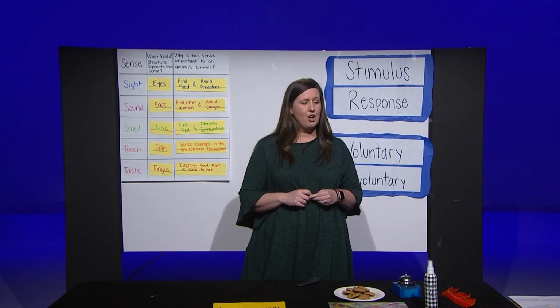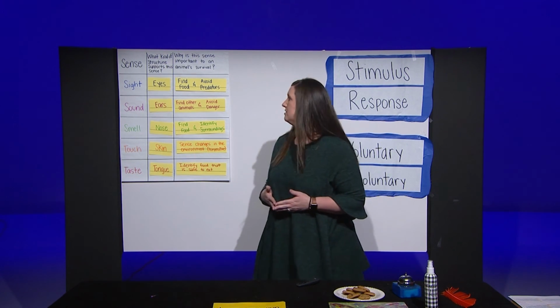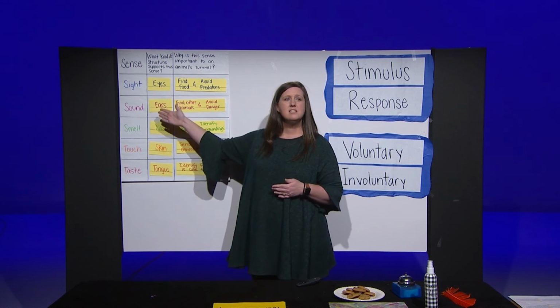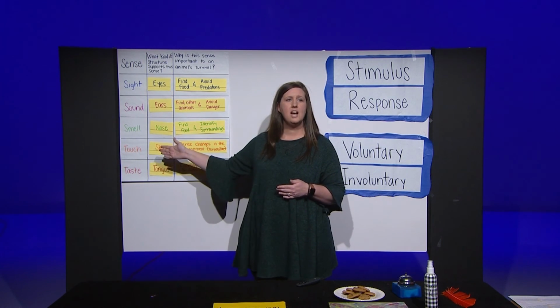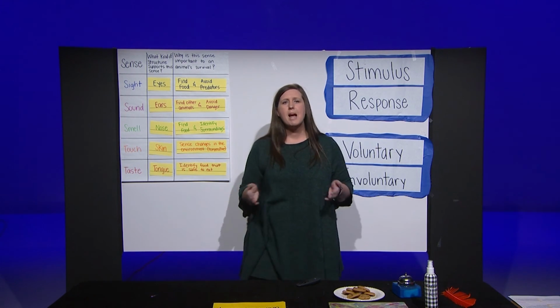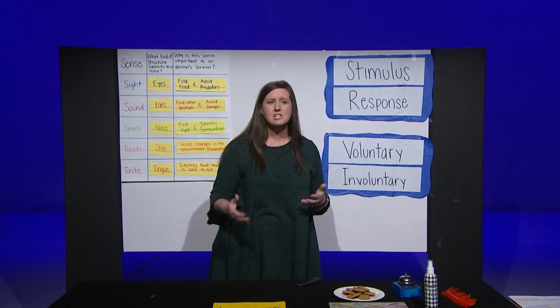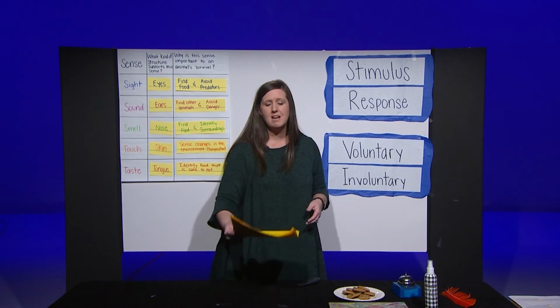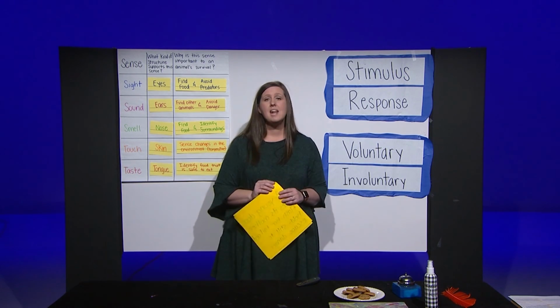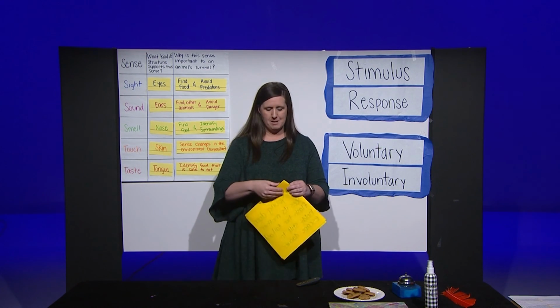So now, boys and girls, we have learned all about animals and how they use their senses of sight, sound, smell, touch, and taste in order to survive. Let's go back to our vocabulary words of stimulus and response. And let's look at a few examples before we leave today of some more animals and how they respond to things in their environment.